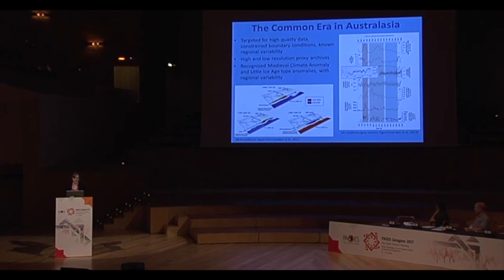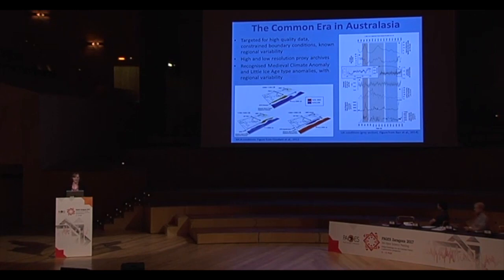Within Australia, we do see medieval climate anomaly and Little Ice Age type anomalies. Previous studies have reconstructed the hemispheric circulation patterns within the medieval climate anomaly and have identified very rapid shifts in the location of the subtropical ridge, which controls the influence of the tropical climate variability versus the mid-latitude climate.